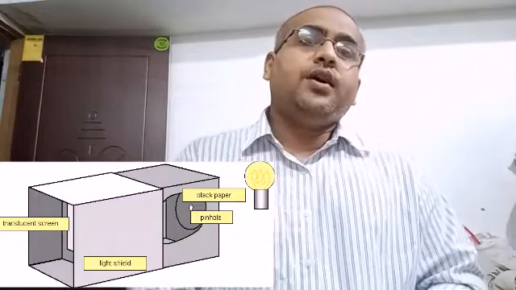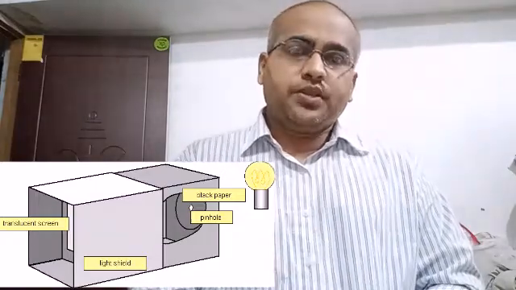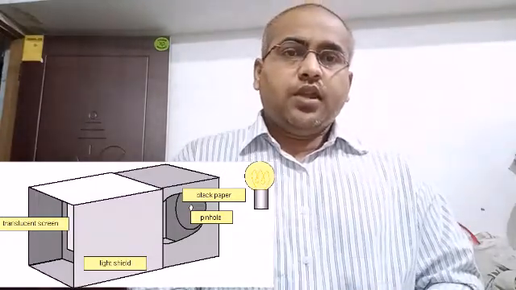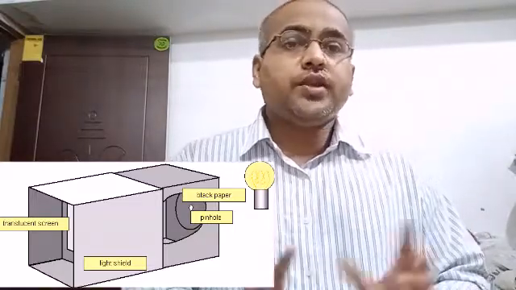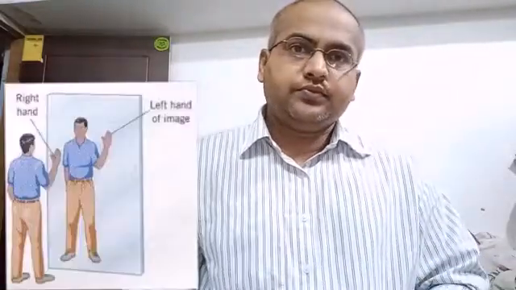So we will find an upside down image of an object. So now comes the next question: what is the difference between an image and shadow?